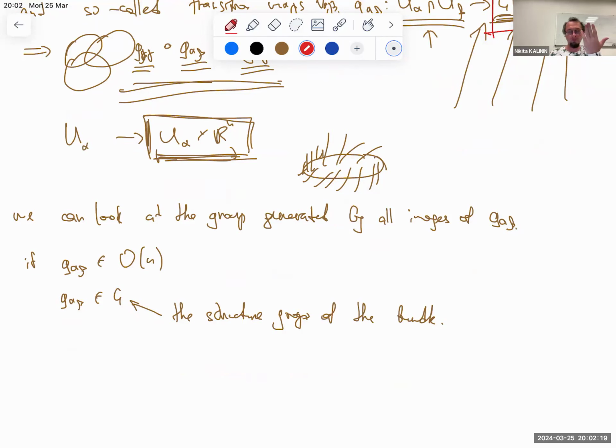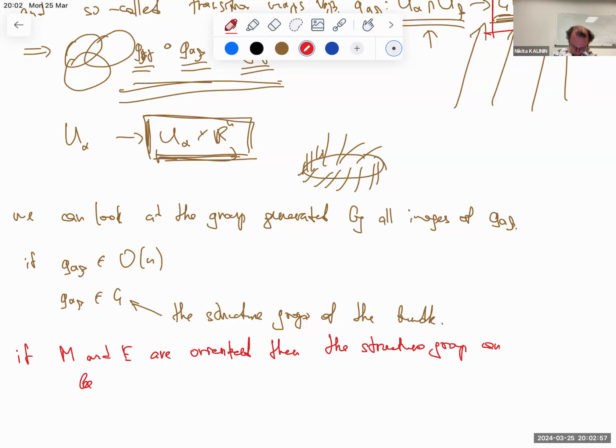It means that you always glue these fibers either identically or just by multiplication by -1. So it means that your bundle is very simple. So it's good to reduce the structure group of the bundle to a potentially smaller group. And for example, if M and E are oriented, then the structure group can be reduced to O n.